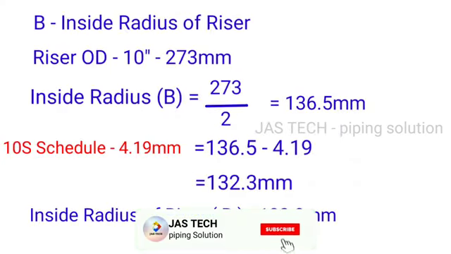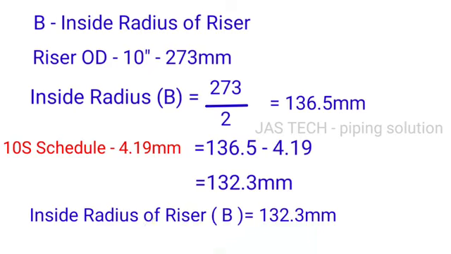Next one, B, the inside radius of the riser. Riser OD is 10 inch. We know 10 inch OD is 273 mm. Inside radius means half OD minus 1 wall thickness. So our OD 273 divided by 2 equals 136.5 mm, minus 1 wall thickness.